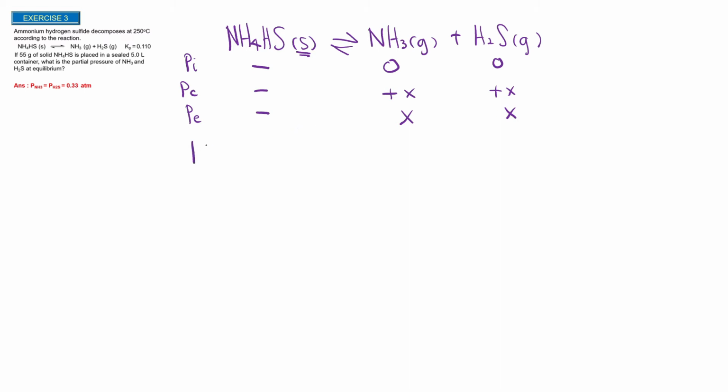Okay, so Kp is equal to the partial pressure of NH3 times the partial pressure of H2S, which is equal to X times X, or X square. The value of Kp given is 0.11, so 0.11 equals X square.